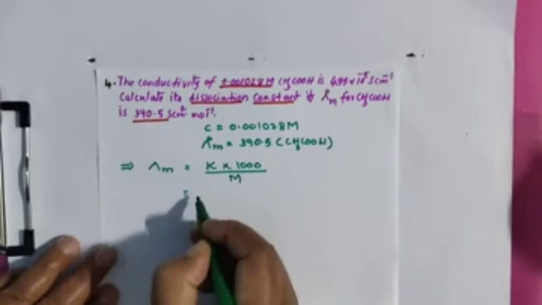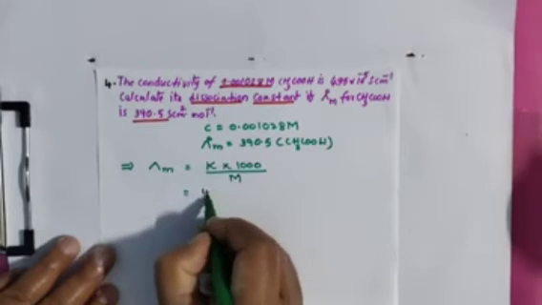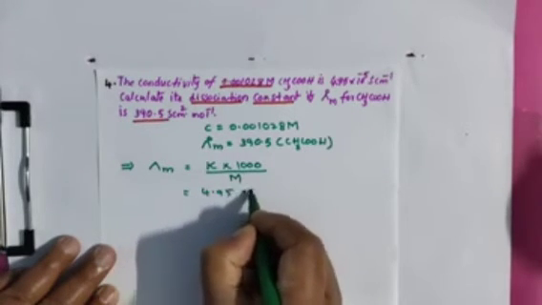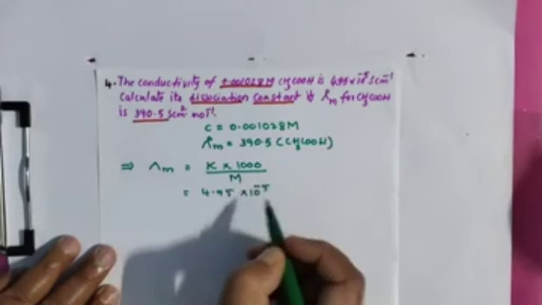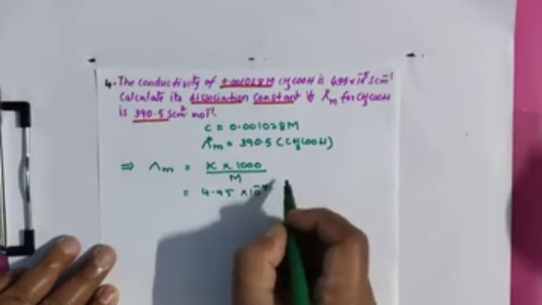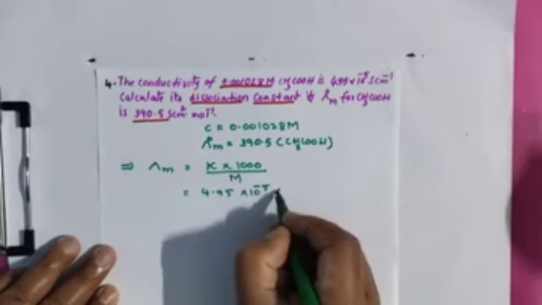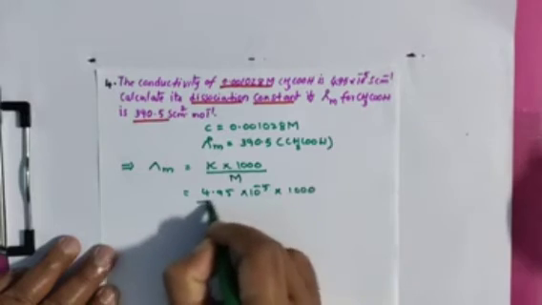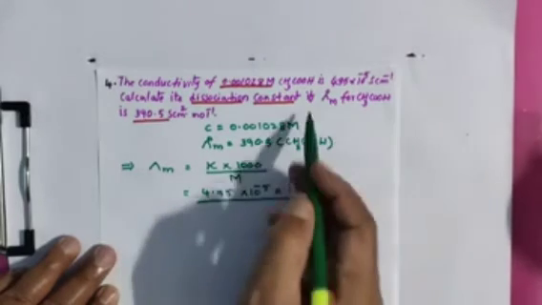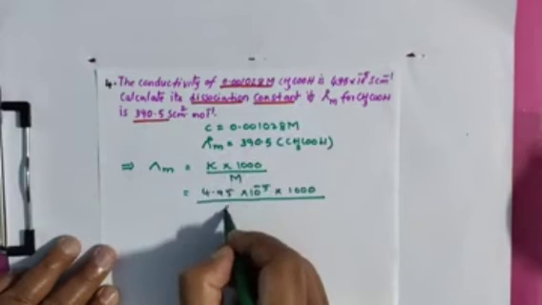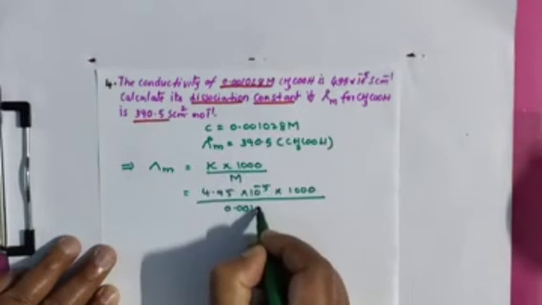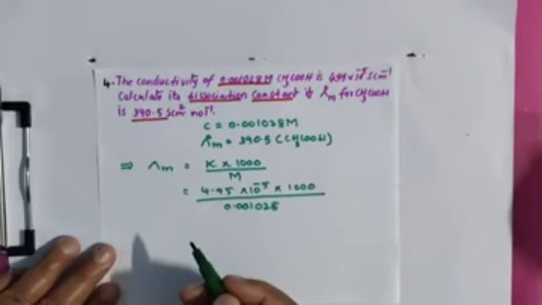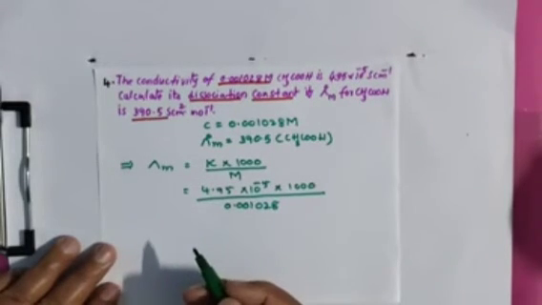So substitute the values. 4.95 into 10 to the power of minus 5, that is the kappa value, into 1000 upon molarity. Concentration how much given? 0.001028 M. Clear?